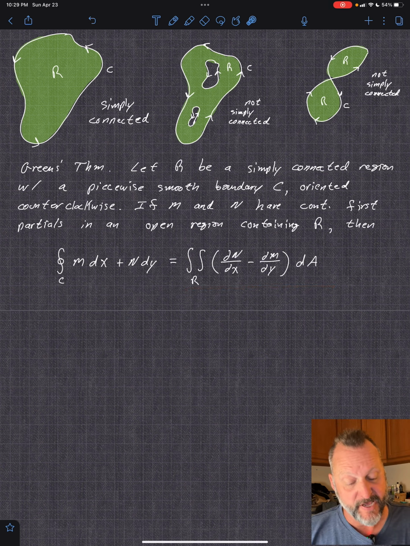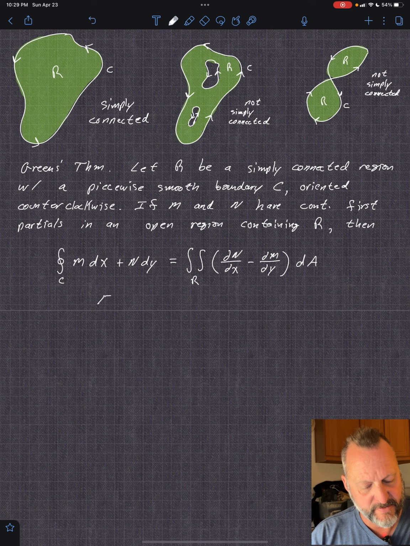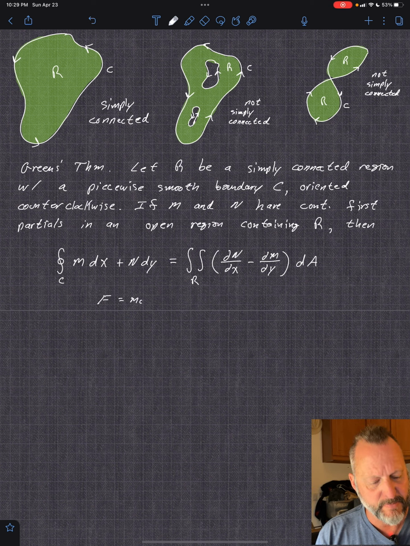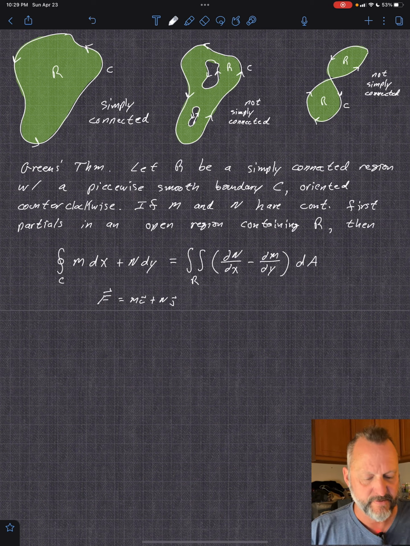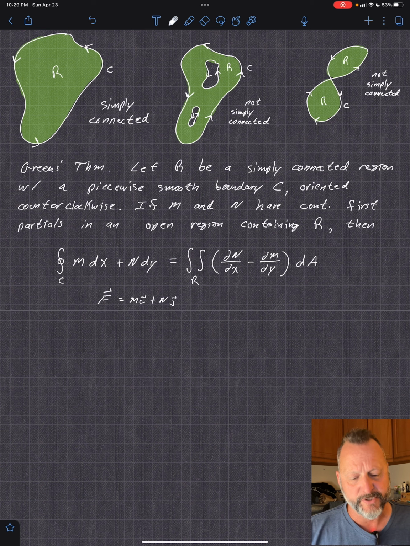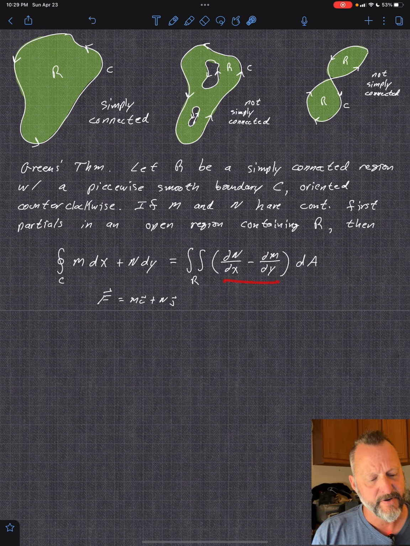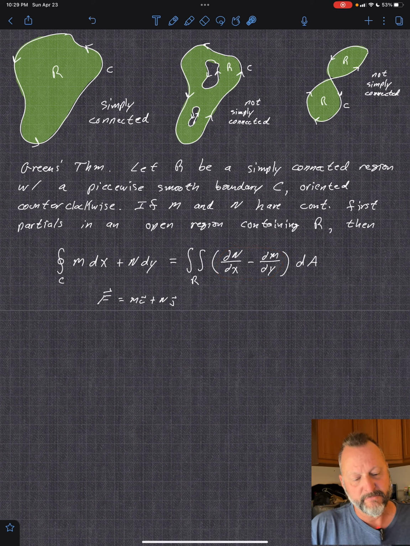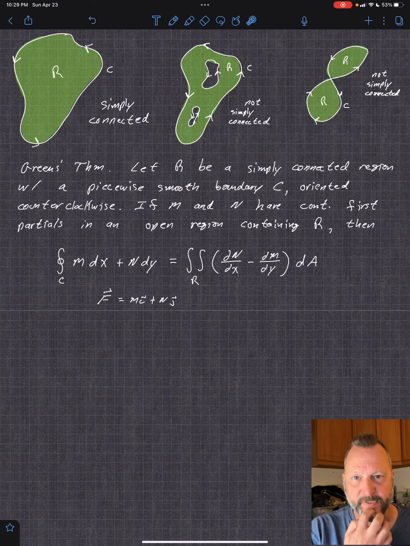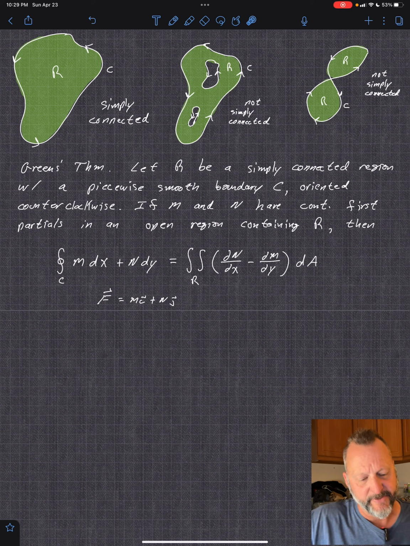So you're converting this line integral to this double integral over a region. Now, if F equal to Mi plus Nj is conservative, well, we know it's closed anyway, and you will get 0. That'll show up real easily here, because to check for a conservative vector field, you check to see if partial N with respect to x and partial M with respect to y are equal. Then if they're equal, you get 0 right there when you subtract them. So it kind of all comes together.